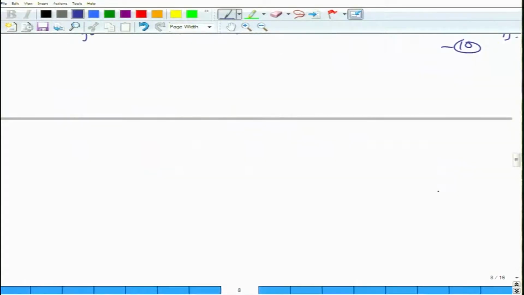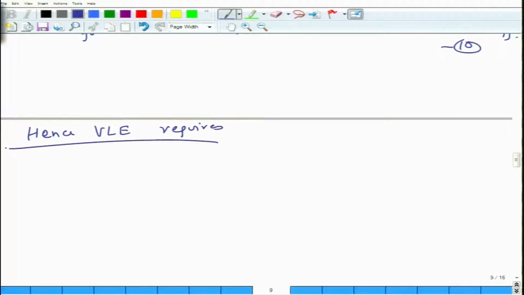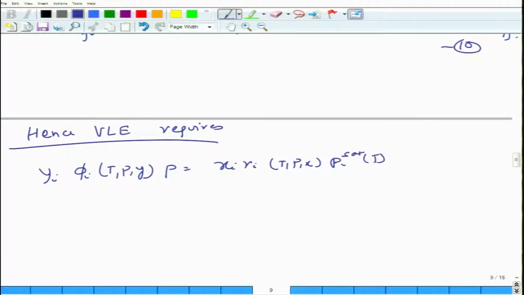So, you get a final expression: VLE requires the following condition to be met, which is yi phi i(T,P,y) P equals gamma i(T,P,x) Pi sat(T) phi i sat(T) and the exponential term.